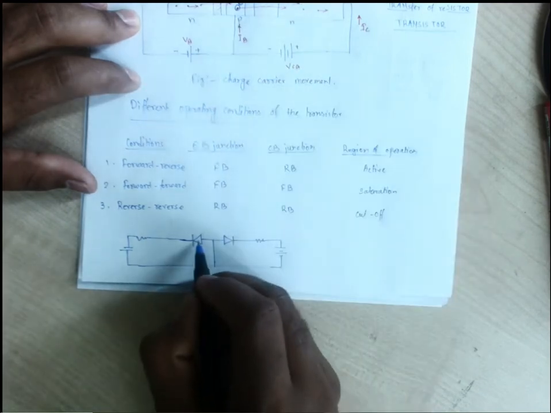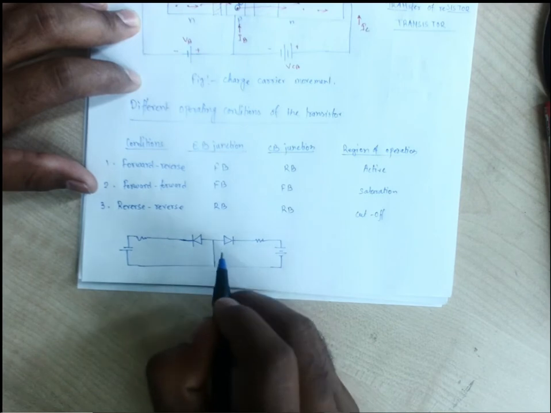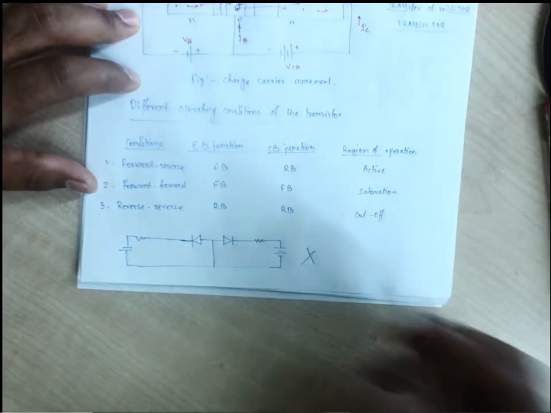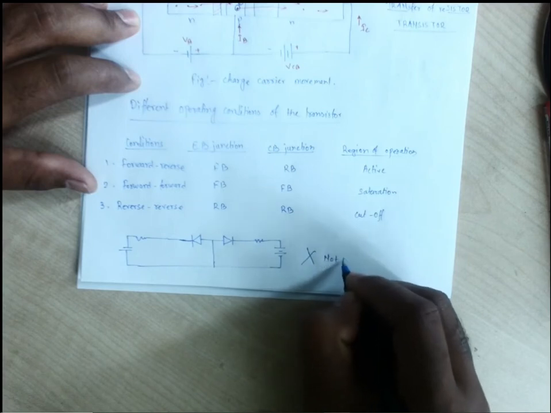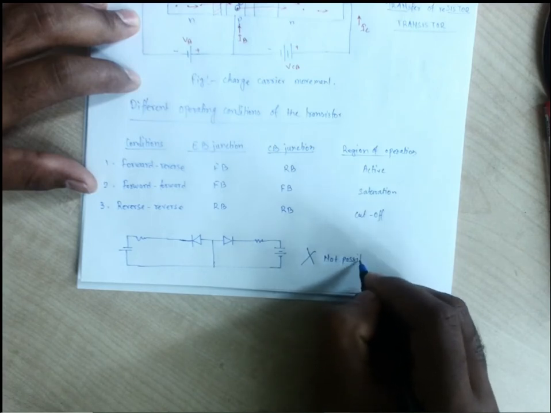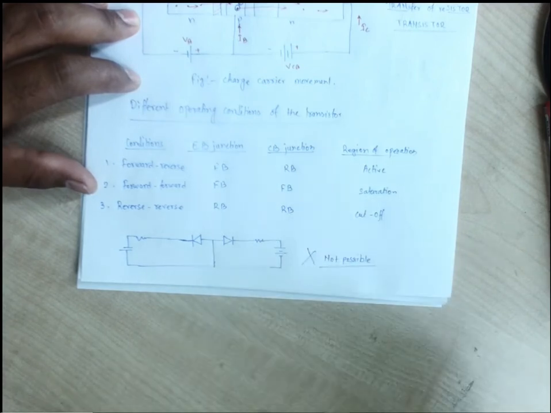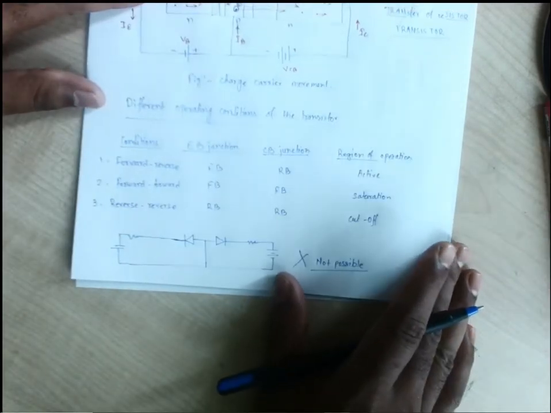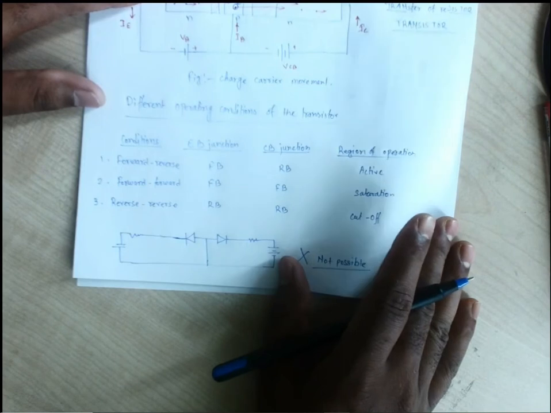But in this case, this P, this N, this P, this N have equal amounts of doping. So it is not possible to get transistor action from two discrete diodes connected back to back.